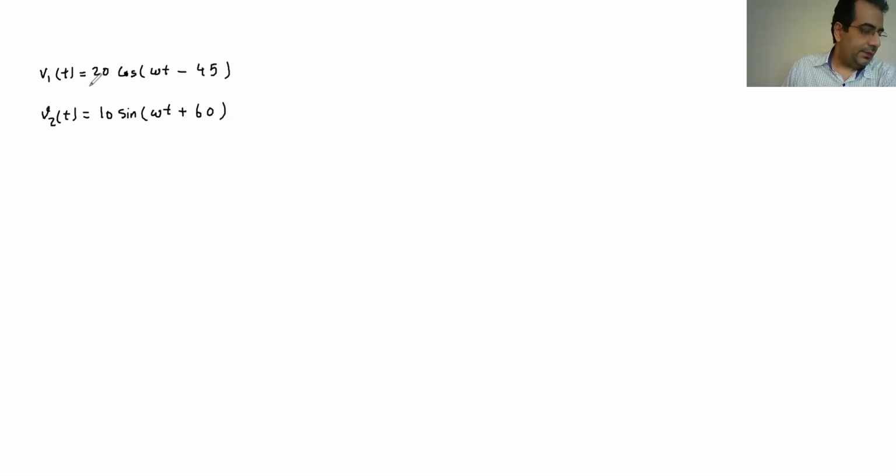Now assume I have these two, and I want to know what is the Vs if the Vs is V1(t) plus V2(t). So if I add these two, what's going to be the Vs? Again, if I want to add this cosine and sine wave in the time domain, it's not going to be easy.